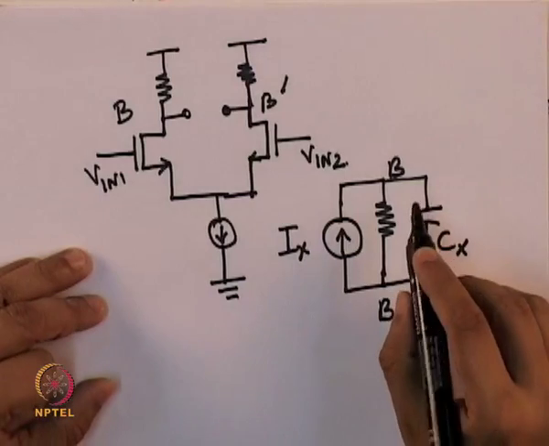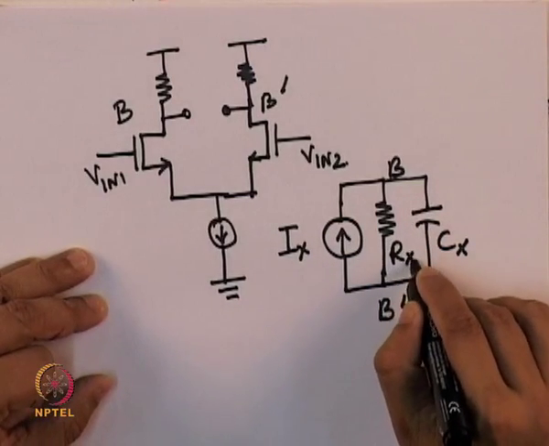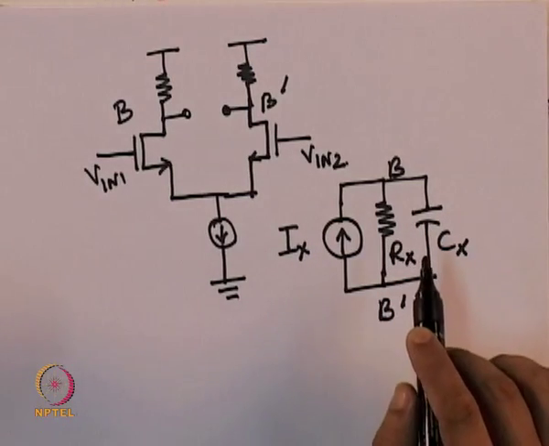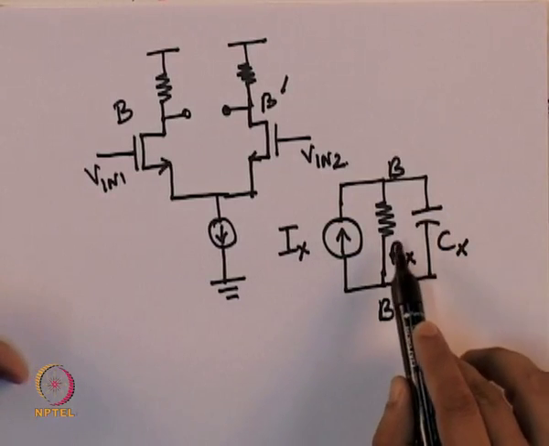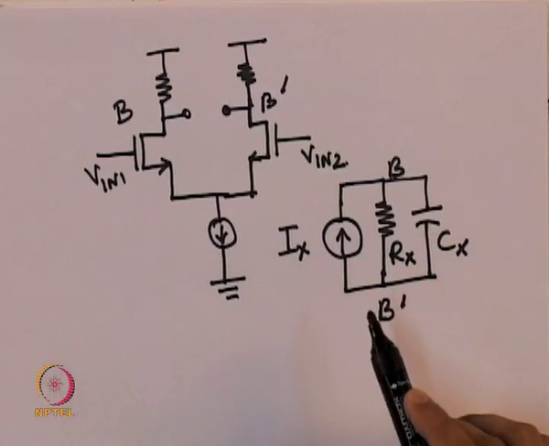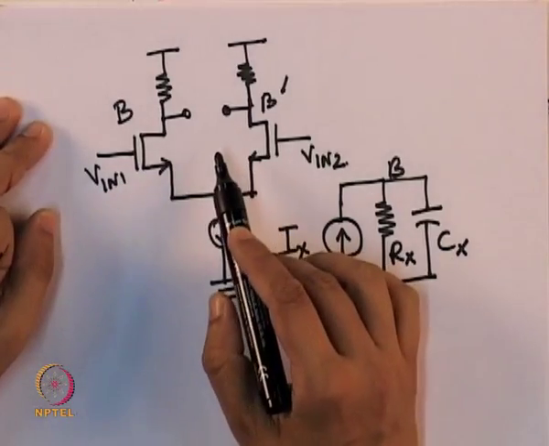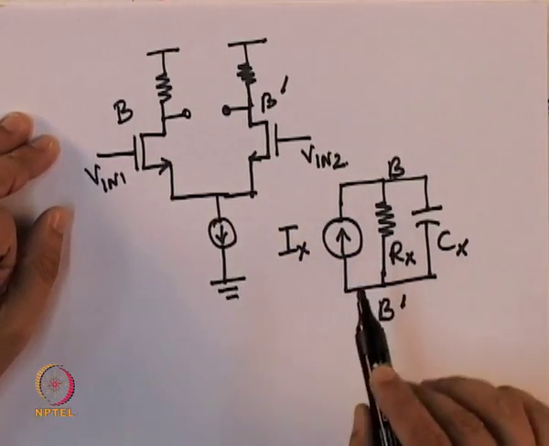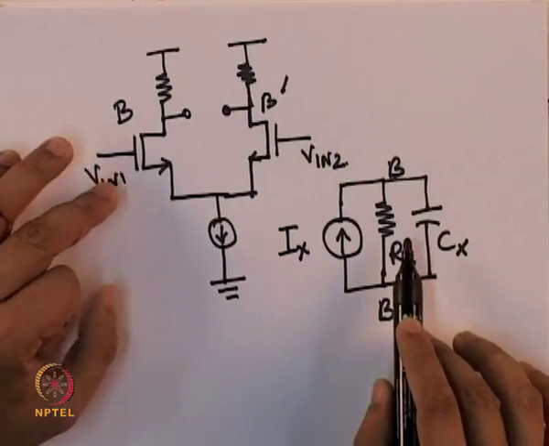So, Rx and Cx are the equivalent shunt resistance and capacitances across the terminals B dash. Now, note that these are not the real resistance and capacitance, these are just the equivalent.